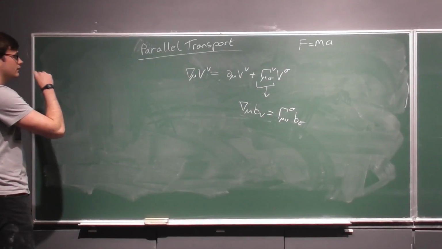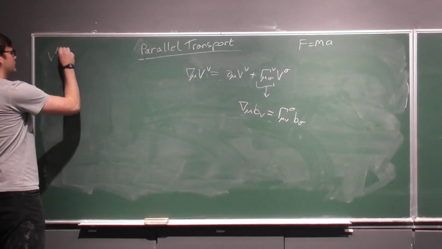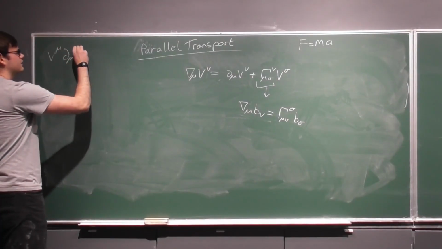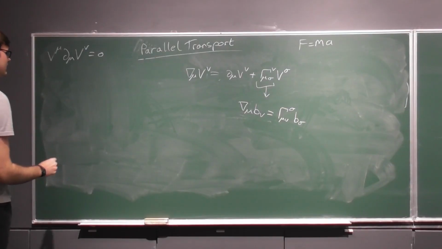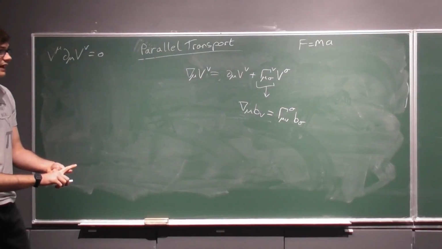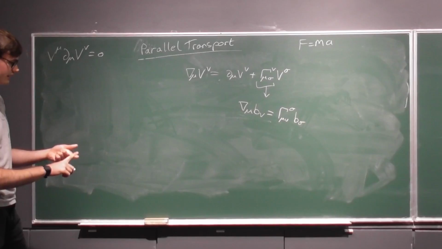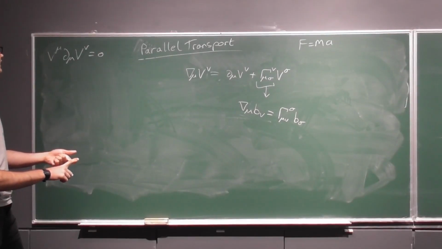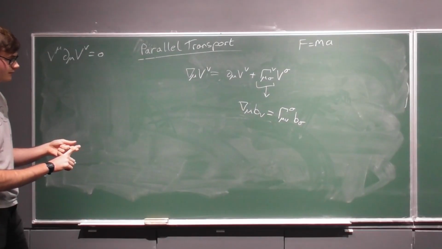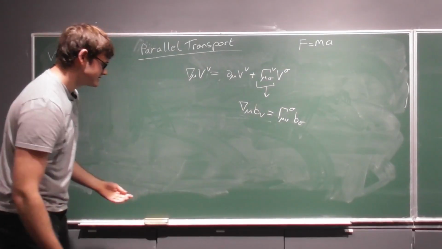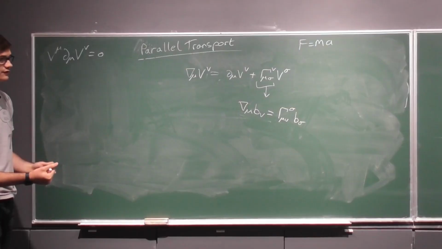The equation we wrote down was the following. Okay, and this had two problems. It was not a tensor, and it did not account for how the basis vectors change as you move around a curved surface.